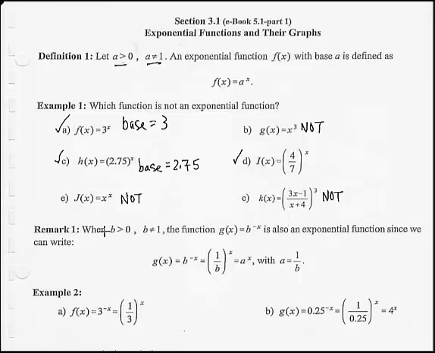Notice remark 1 says exponential functions can also have fractions, or in other words, they can have negative exponents. And remember from your exponential rules from intro algebra, if we have 2 to the negative 1 power, that is the same as 1 over 2.